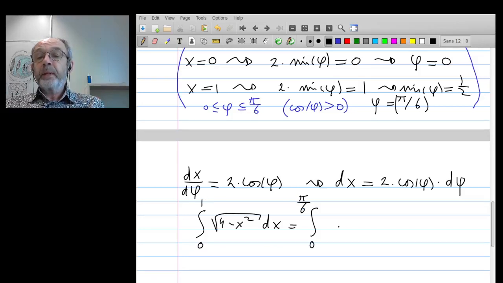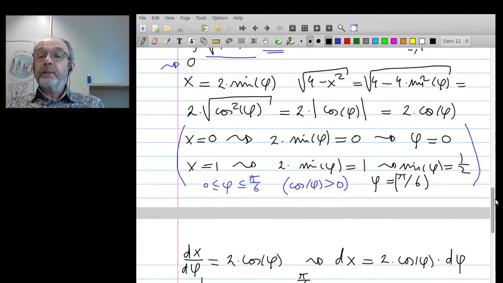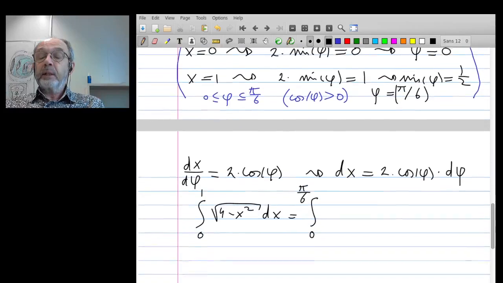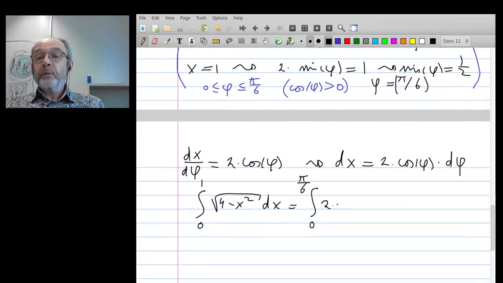We have 4 minus x squared, rewritten as 2 times cosine phi, and the dx term becomes also something with a cosine, so 2 times cosine phi d phi.